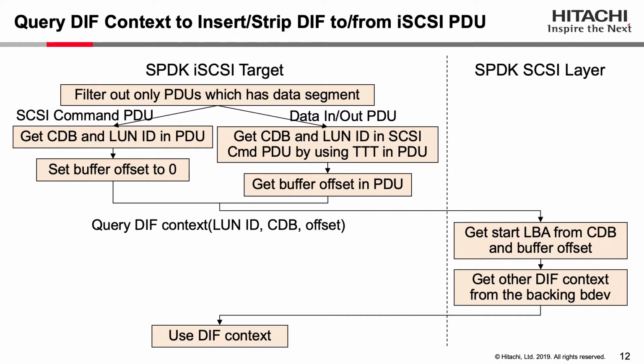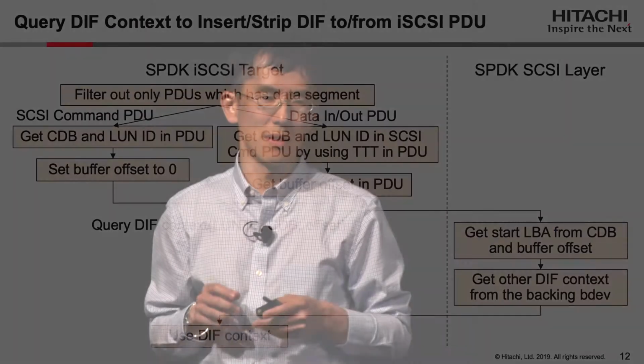from the iSCSI PDUs. So the iSCSI target first filters only PDUs which have a data segment, and when the filtered PDU is a SCSI command PDU, it has the CDB and LUN ID in itself, but the buffer offset is 0 because the SCSI command PDU is the first one.